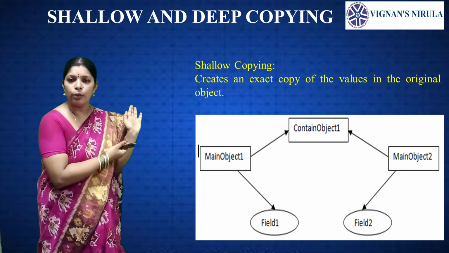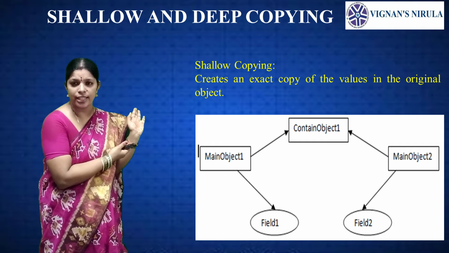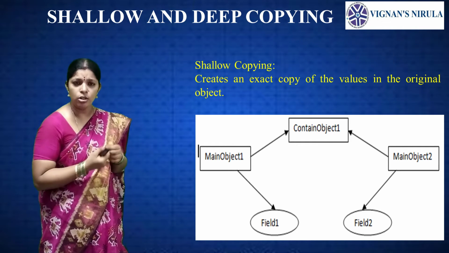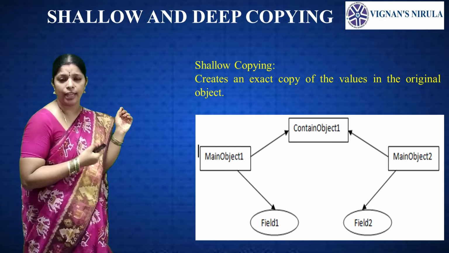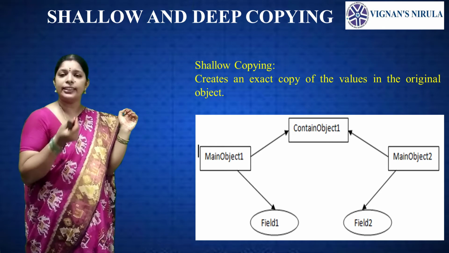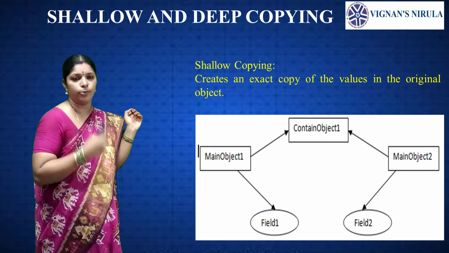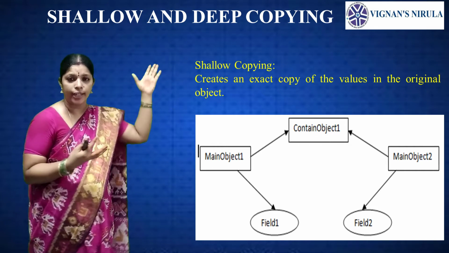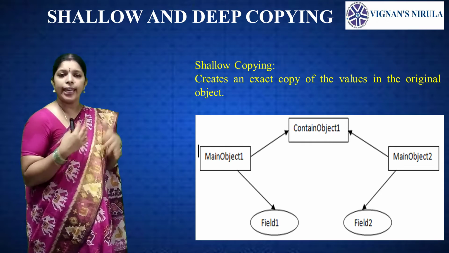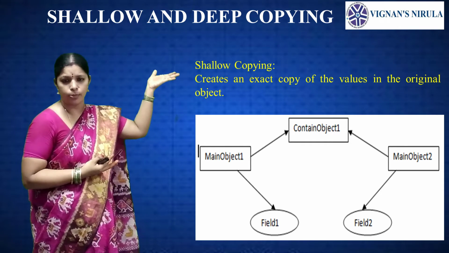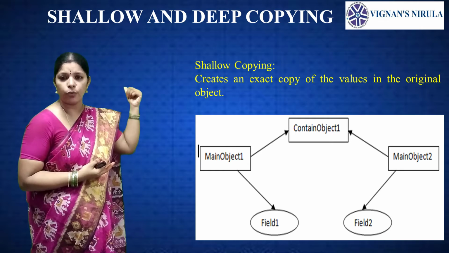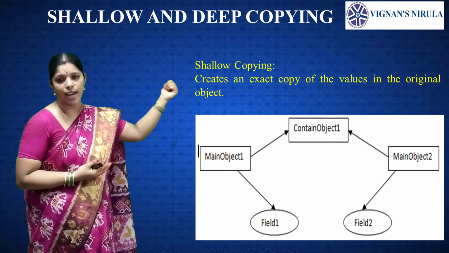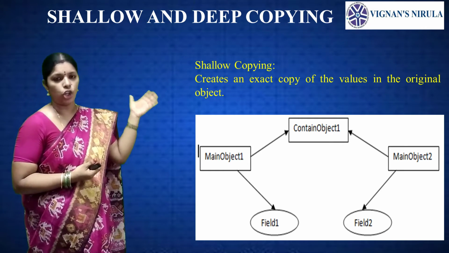Observe here: since field 1 is of primitive type, its values are copied to field 2, but contain object 1 is an object. So main object 2 is still pointing to contain object 1 only. So any changes made to contain object 1 in main object 1 will reflect in main object 2. That is the shallow copy.